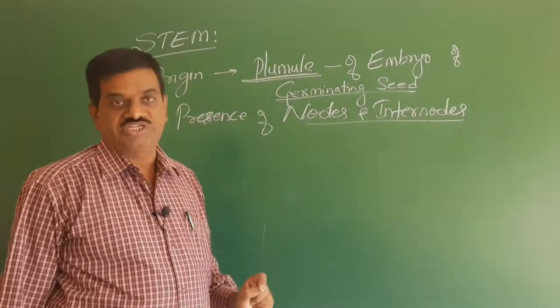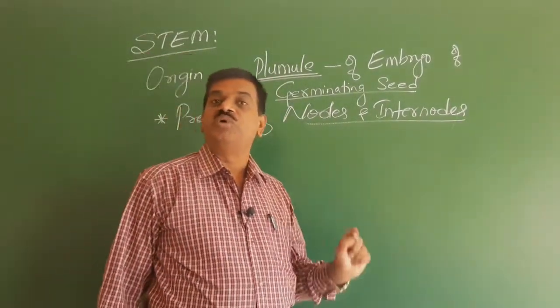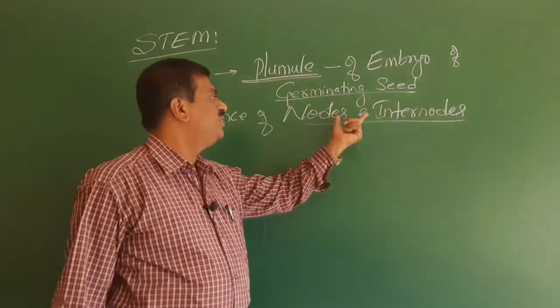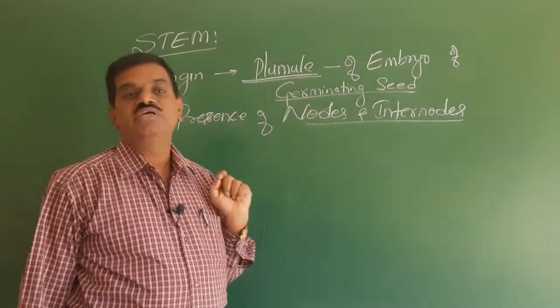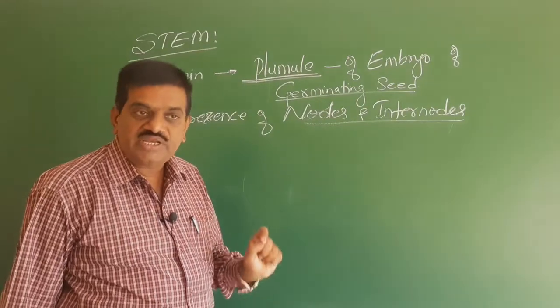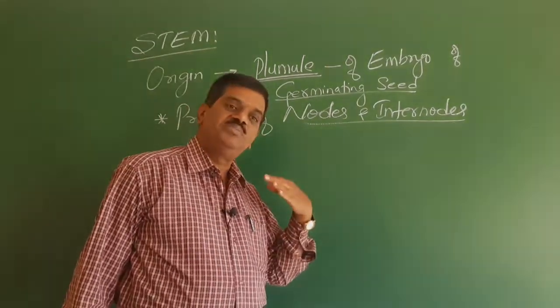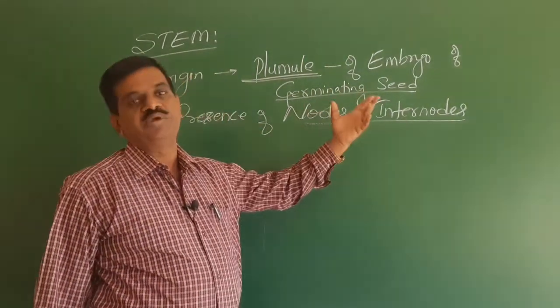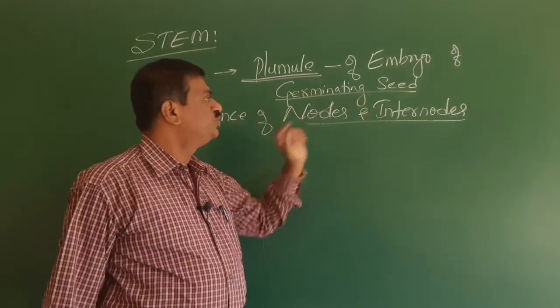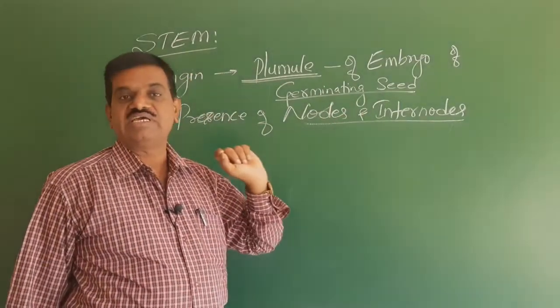So how to differentiate whether it is a stem or a root when it is below the soil? The major character is nodes and internodes. If nodes are there, it is called a stem. The stem may be under the ground or it may be aerial. By seeing the nodes and internodes, we identify it as a stem.